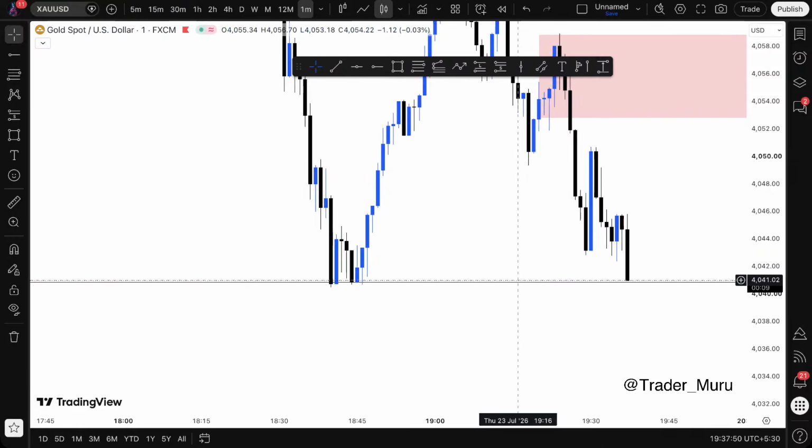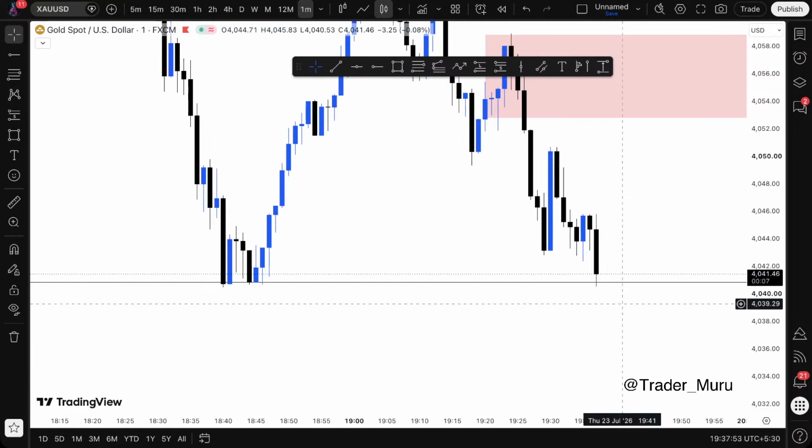Our first target is done. 4040, the last low.